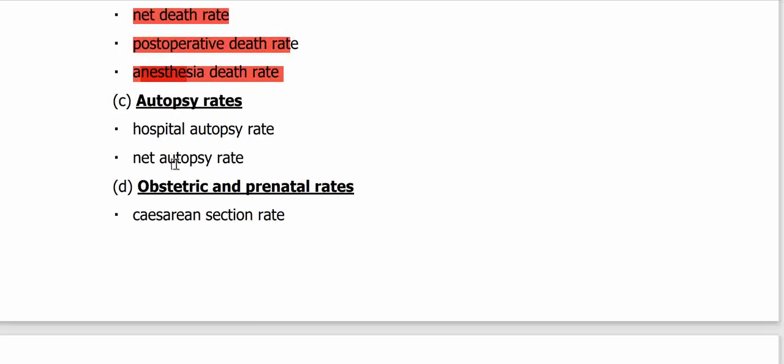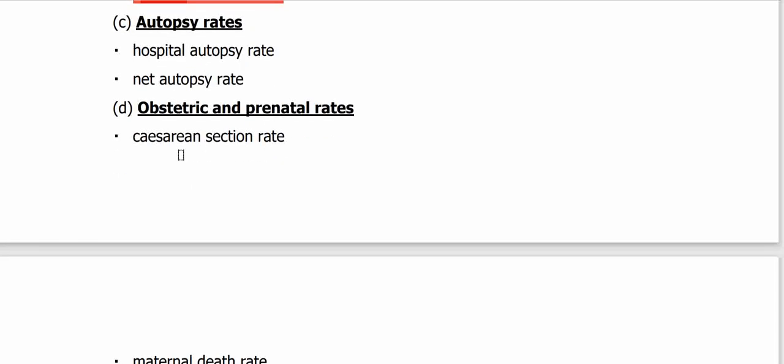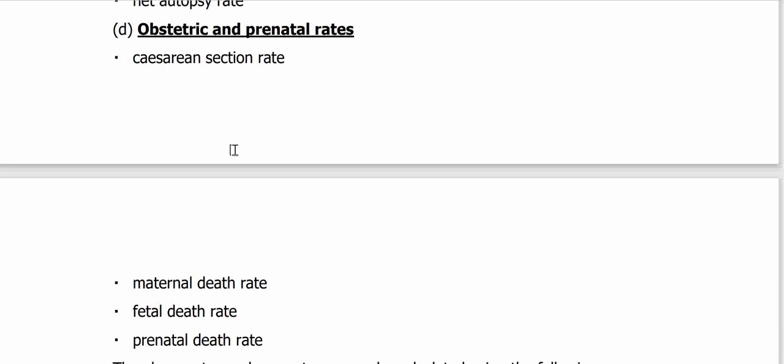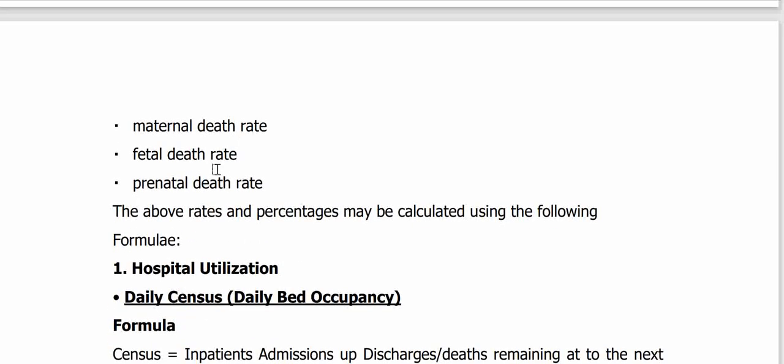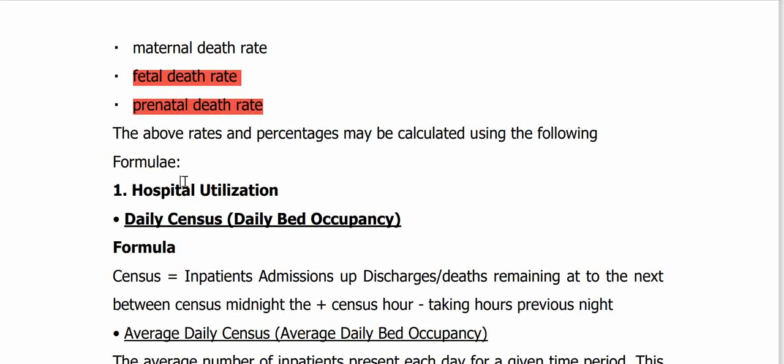Then we have the outpatient rates, hospital outpatient rate, and then net outpatient rate. And we also have obstetrics and prenatal rates: cesarean section rate, maternal death rate, fetal death rate, and then prenatal death rates. So the above rates and percentages may be calculated using the following formulas.